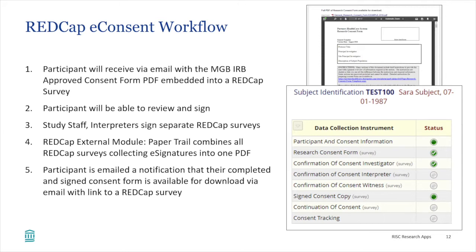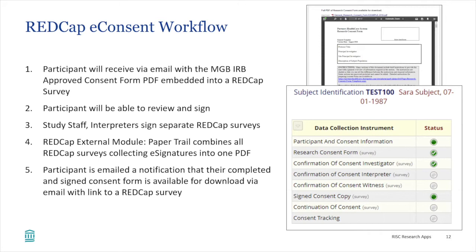Once that all comes together, we run what we call a paper trail, which is a process in REDCap that combines all of those surveys together into one final PDF. You can see here in REDCap, there are multiple forms that are survey versions. You can have participant and consent information, which is entered by the study team, and multiple surveys, but if you don't have interpreters or witnesses, you don't need those forms.